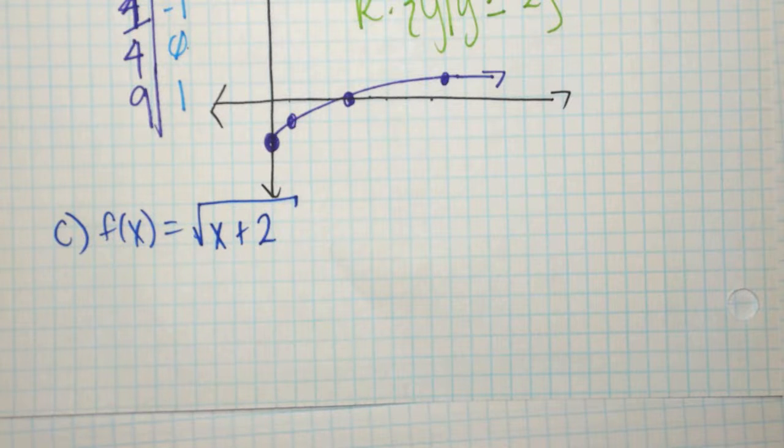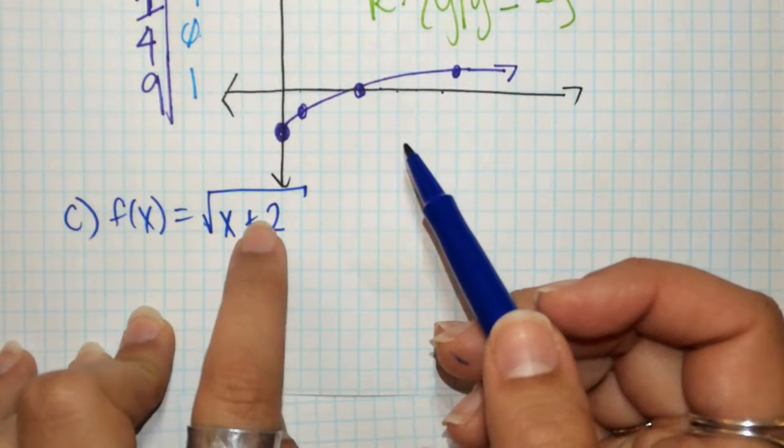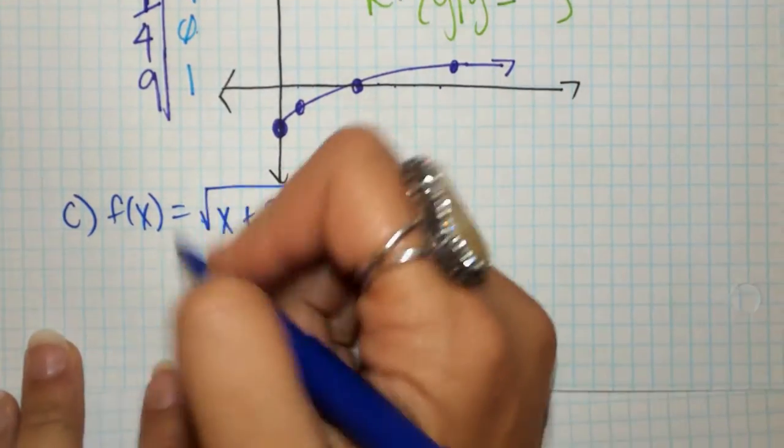So this time, I can't just plug in perfect squares, because if I plug in 0, I'm going to get 2 under the radical and we'll get decimals. So this time, I can plug in negative numbers. Now, if I want to start by getting 0 under here, what number do I need to plug in for x?